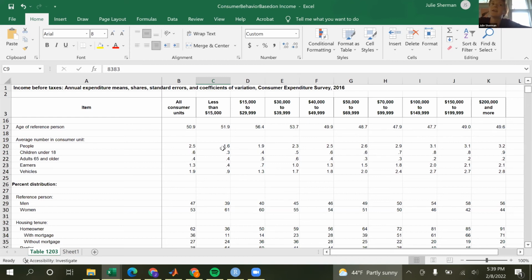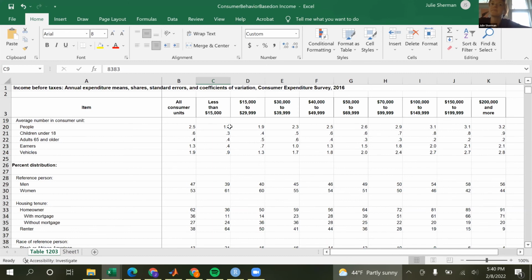So, let's see. Mostly these are adults. Mostly these are earners rather than children under 18. I think that makes sense.